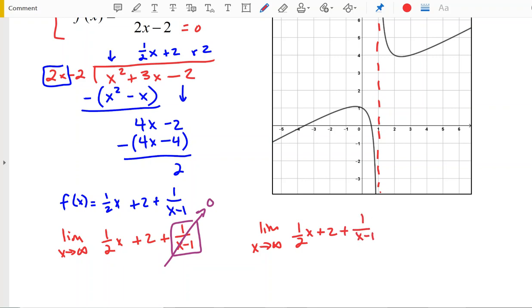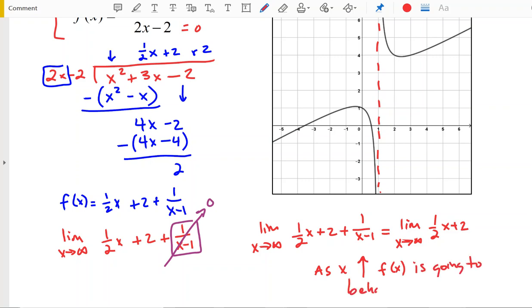Well, because that final term, 1/x minus 1, approaches 0 as x goes to infinity, this is the same thing as the limit as x approaches infinity of 1/2 x plus 2 without that fractional part at the end. What this tells us is as x gets bigger and bigger and bigger, f of x is going to behave like the linear function 1/2 x plus 2.